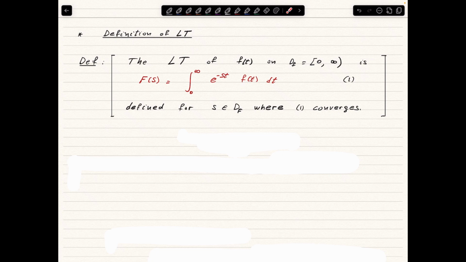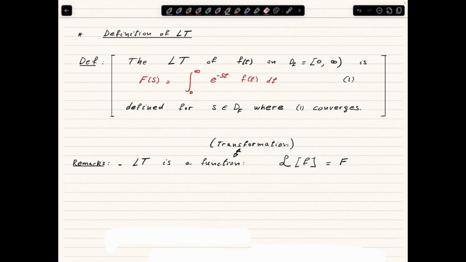So that is now the Laplace transform of a function. And notice that the Laplace transform is actually a function, because it's an operation on a function that gives us another function. And when that happens, we call that a transformation or an operator. So the Laplace transform of something is: grab that something, whatever that is, multiply by the exponential of negative st, and then integrate that something in dt from 0 to infinity.